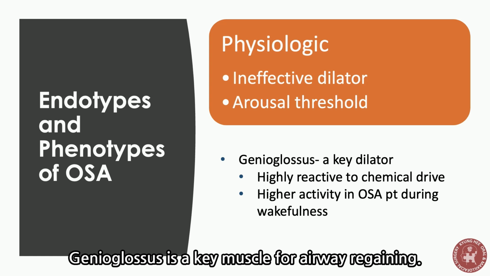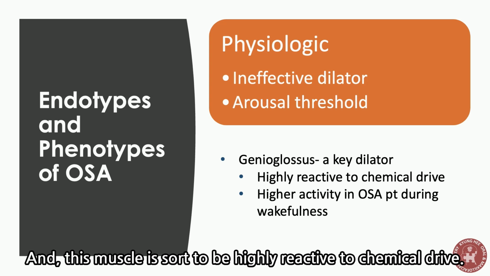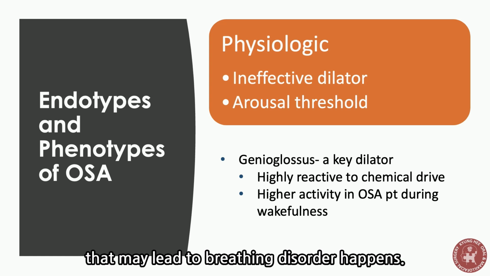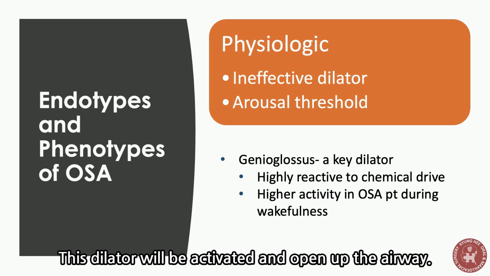Genioglossus is a key muscle for airway regaining, and this muscle is thought to be highly reactive to chemical drive. So, when the airway is compromised, that may lead to breathing disorder, this dilator will be activated and open up the airway.